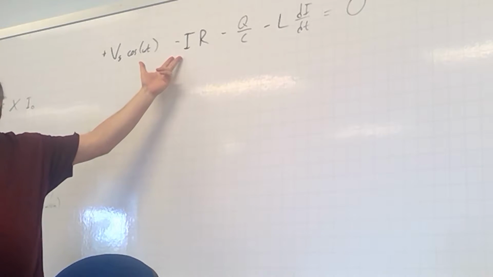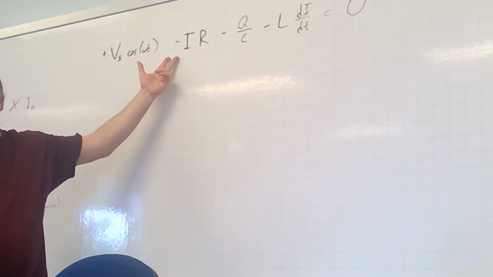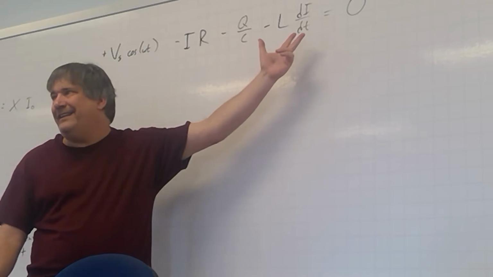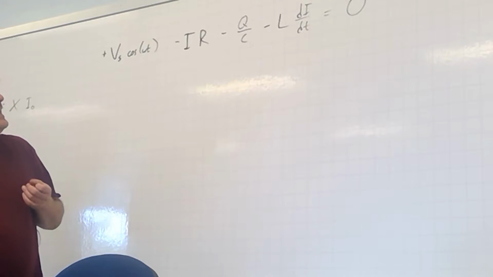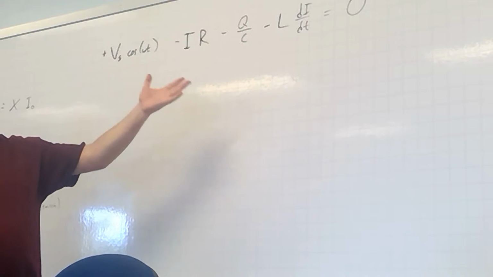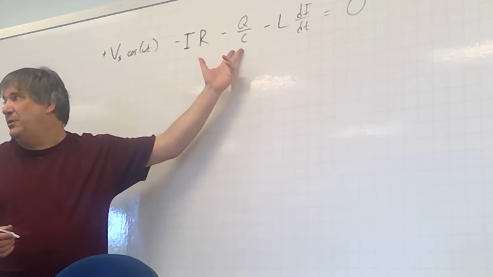And then we said the current I could write as C dV dt. We gave an argument for that many times, which means di dt would be the second derivative of voltage. Since I also say, hey, we could pick either one of those variables as our main one, why don't this time I'll pick Q as the main one?